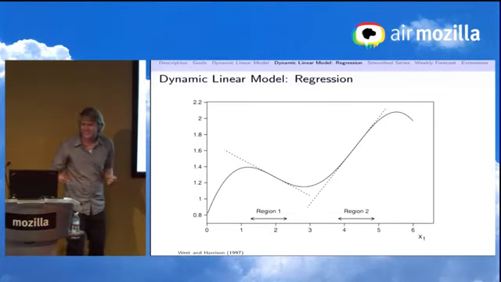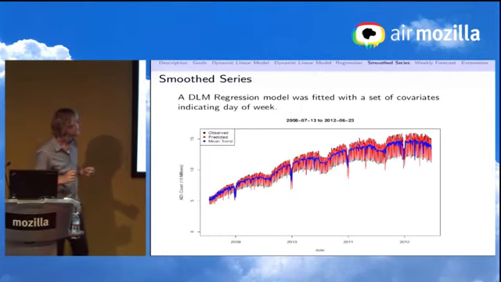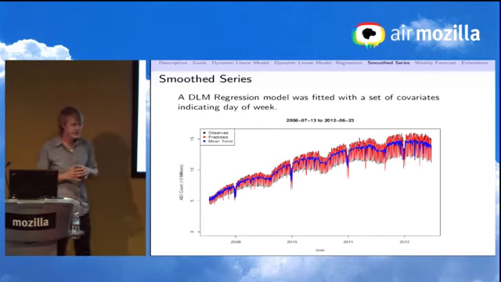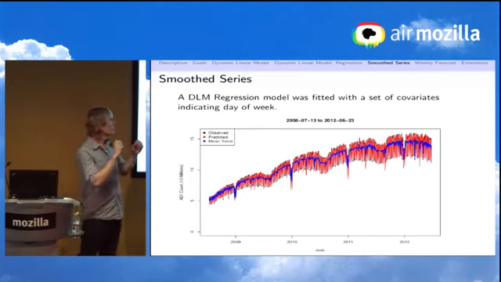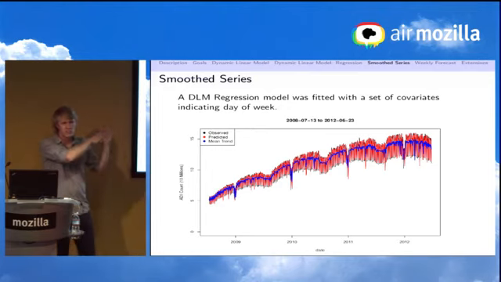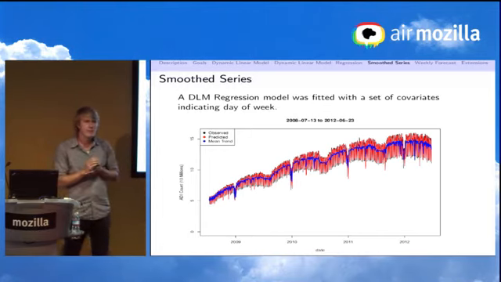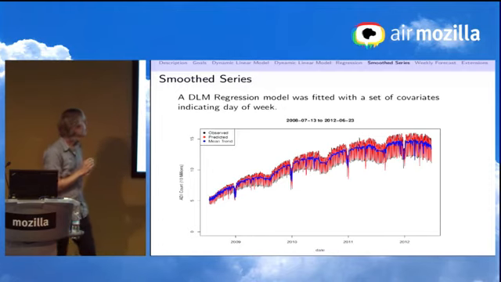And this is what we're going to do. Well, this is what we did do. We assumed a dynamic linear regression where, before, I just had one covariate, but our covariates here are a set of indicators indicating which day of the week you're in. It may be a little bit difficult to see, I hope the colors come out okay.